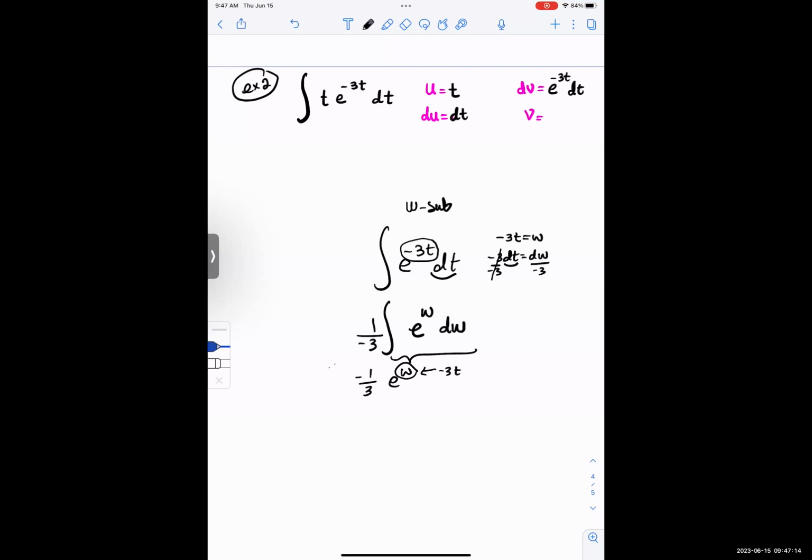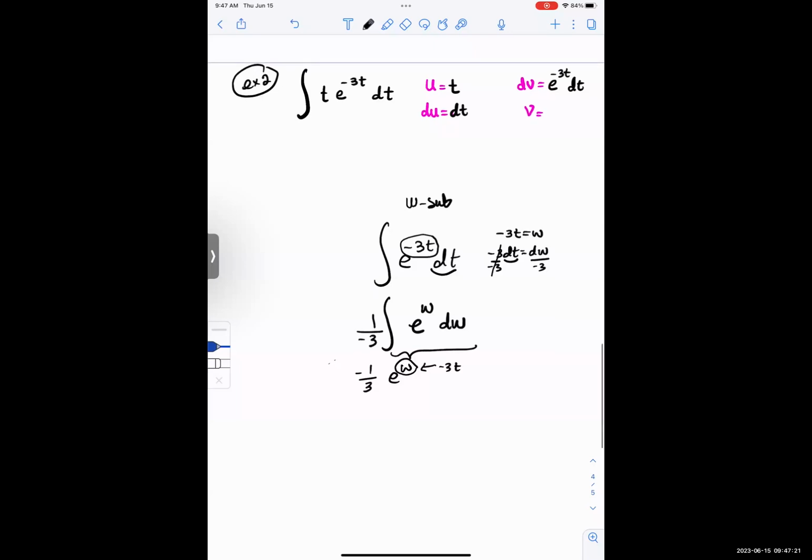As you do more integrals, it's easy to see, maybe without doing this process, that if dv is e to the negative 3t, v is e to the negative 3t over negative 3. Now, if you take the derivative of this one, you get the original.